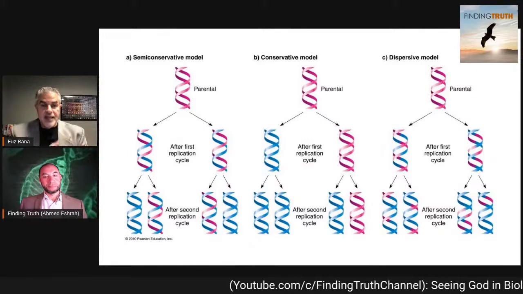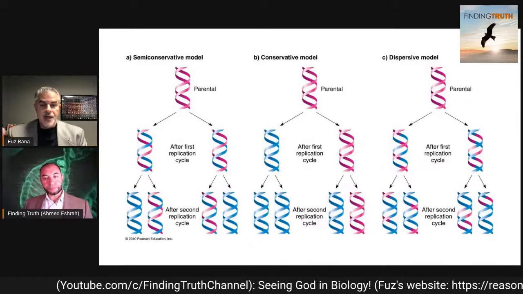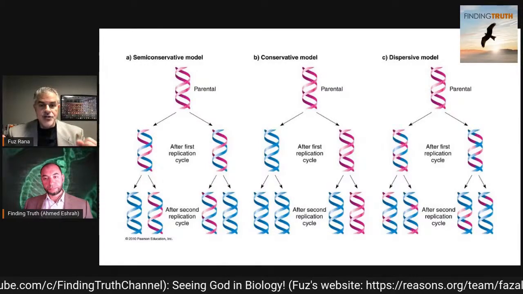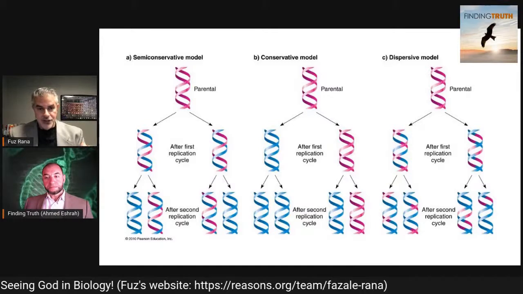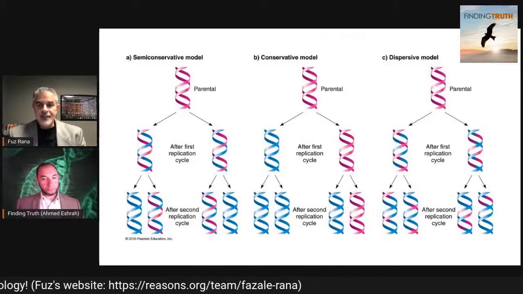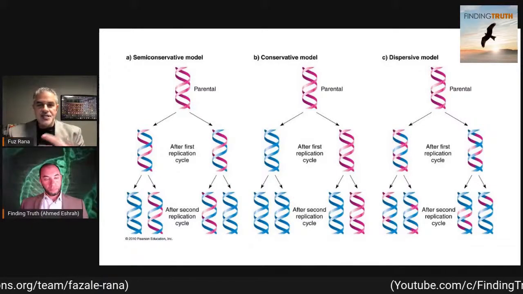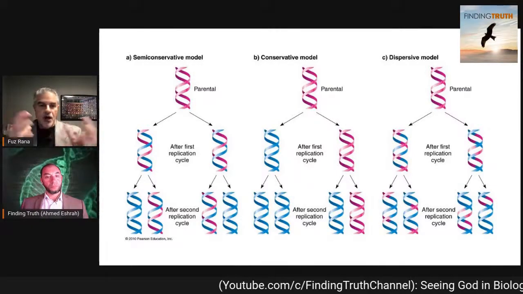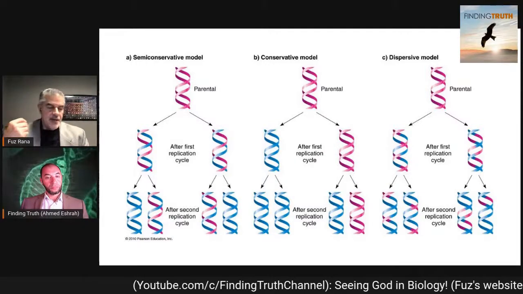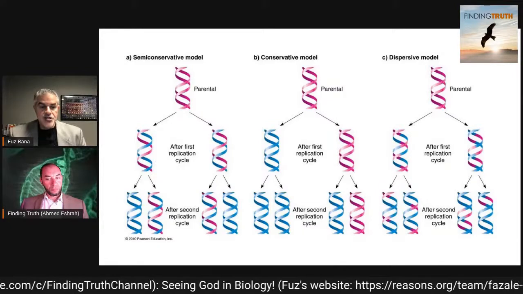One was the semi-conservative model. The other was what's called a conservative model, where you have a newly synthesized molecule and the original parent molecule regenerated. And then the other model was a dispersive model, where pieces of the two strands and the newly synthesized strands would be all jumbled together. But it turns out that it's a semi-conservative replication model.